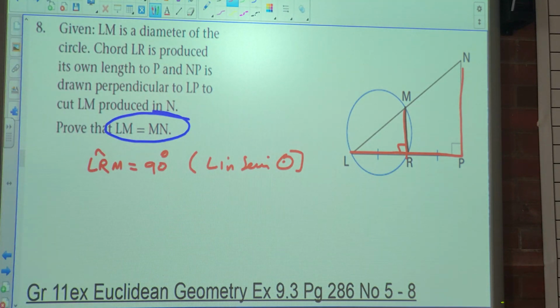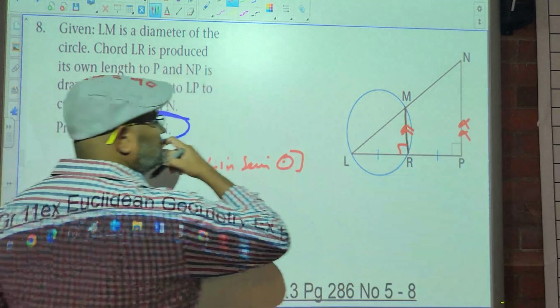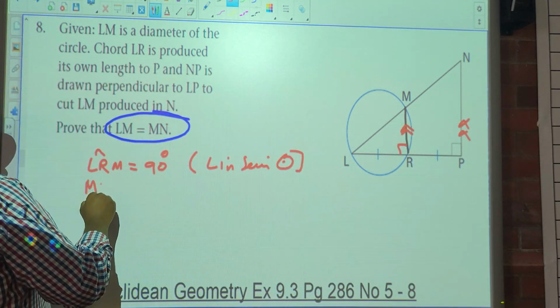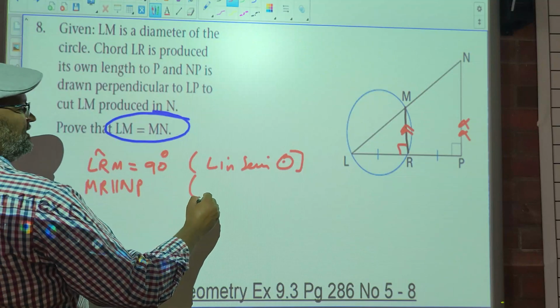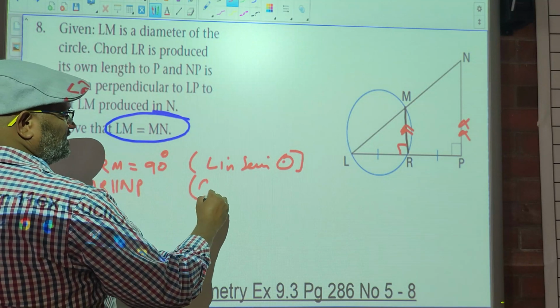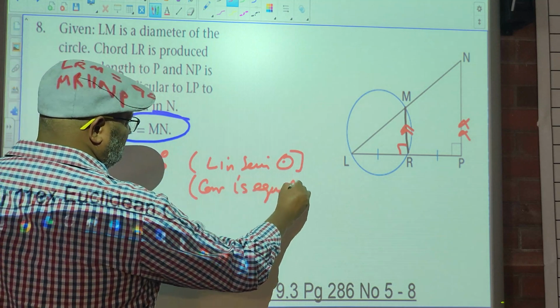Are you guys with me? Am I moving too fast? No, okay? So MR is parallel to NP. Why? Because corresponding angles are equal.